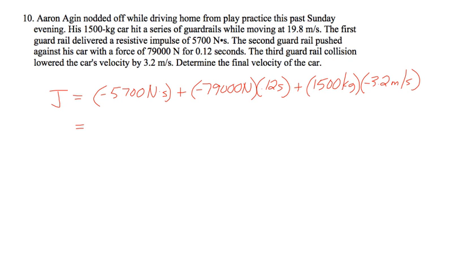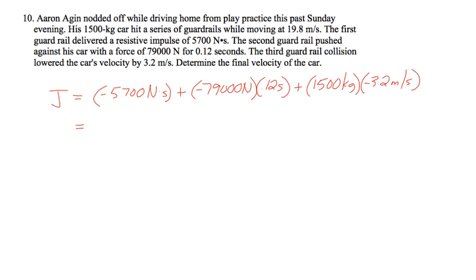So what do you get when you add them all together? Let's see, I'll work it out too. So minus 5,700... I get negative 19,980.